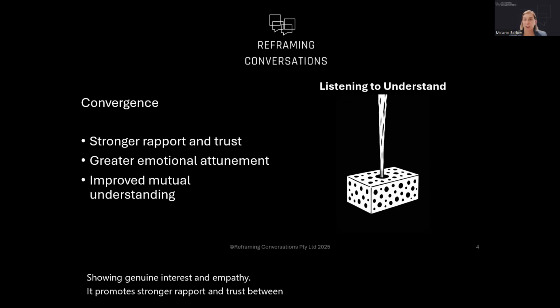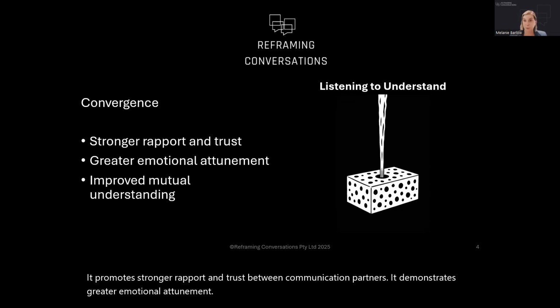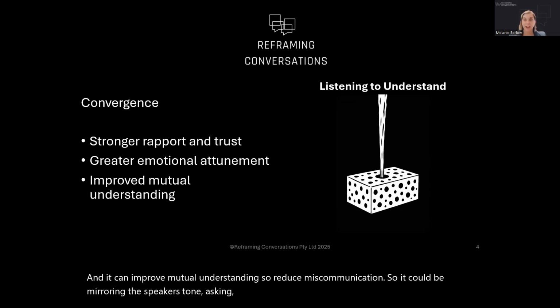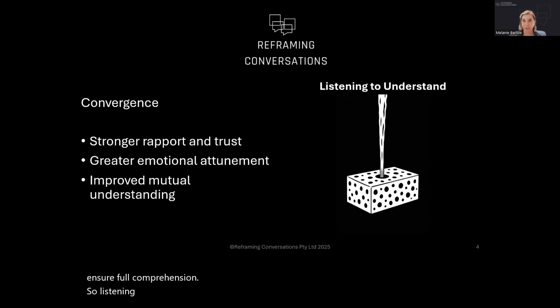It demonstrates greater emotional attunement, and it can improve mutual understanding, so reduce miscommunication. So it could be mirroring the speaker's tone, asking clarifying questions, and pausing before responding to ensure full comprehension. So listening to understand is in alignment with those active listening principles.